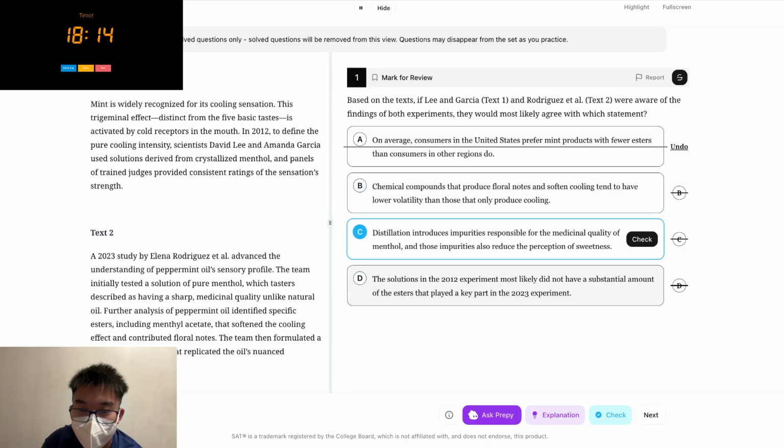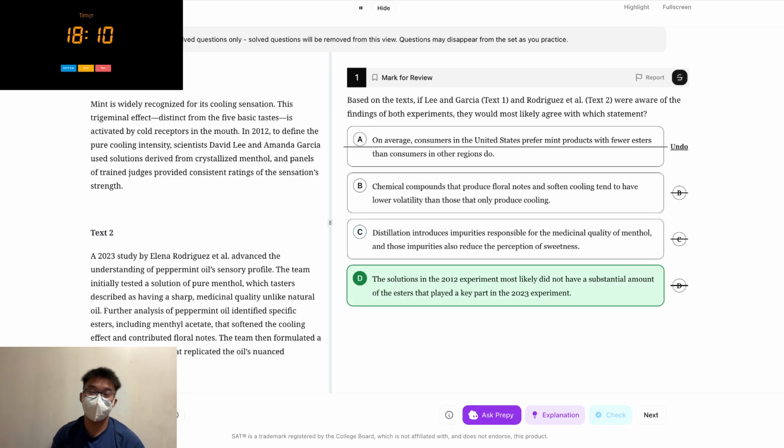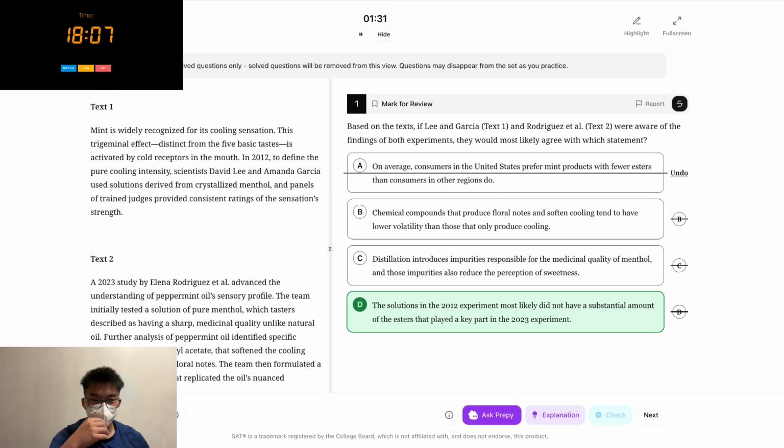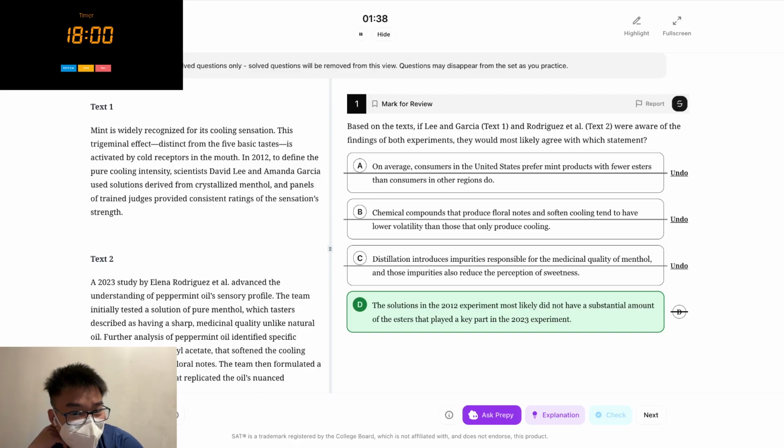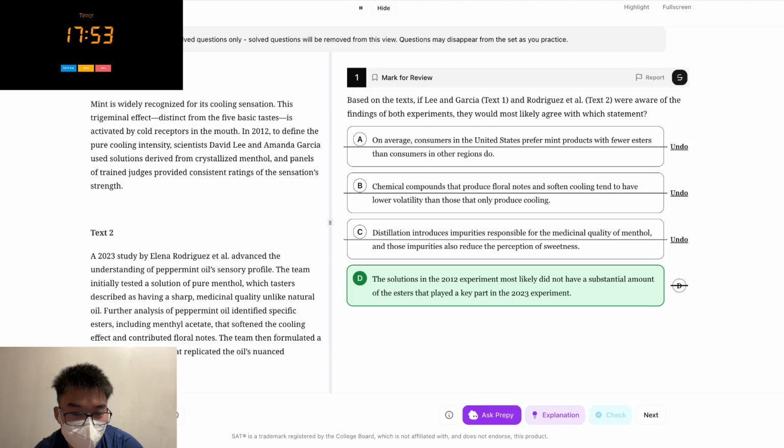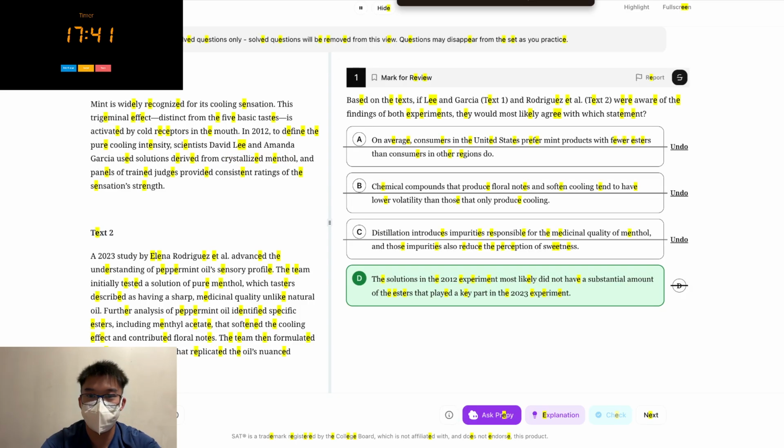Shoot. Sweetness. Okay. For this one, this one does not seem correct, and this one does not seem correct. I think the only reason why I picked this one is just because from the 2013 study, it talked about pure methane, and this talks about crystallized. So I'm guessing that, and it talks ester. I don't think it even mentions ester.